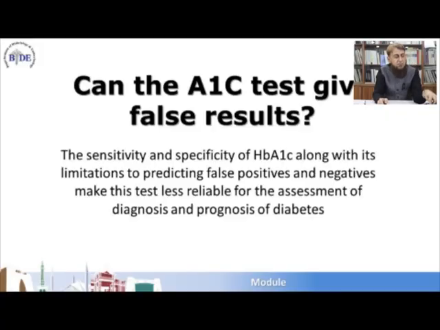There are limitations of HbA1c because of certain biochemical and hematological factors, the lifespan of RBCs, interference from vitamins and other biochemical factors, maybe hyperuricemia and other pathological conditions that interfere with the assessment of HbA1c.